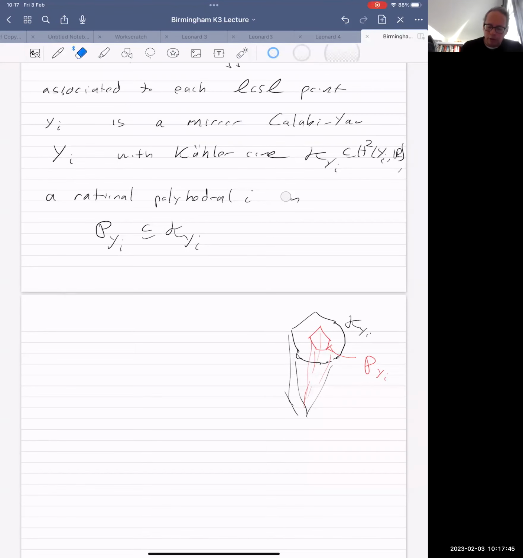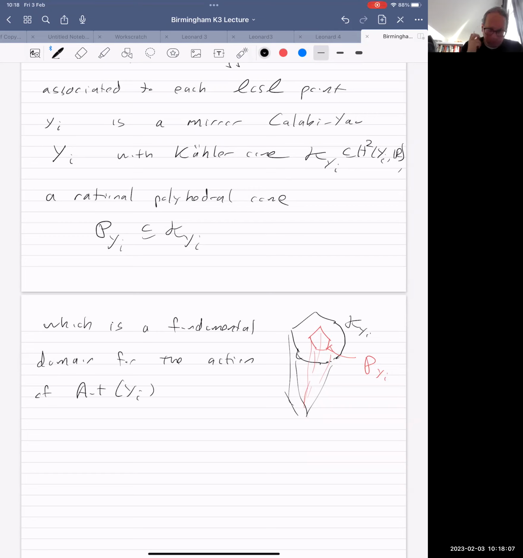I should probably say cone here with one domain, which is a fundamental domain for the action of the automorphism group of Y_i.